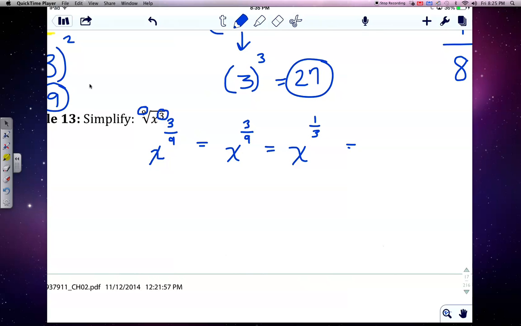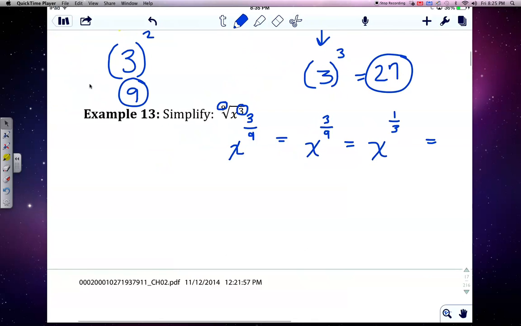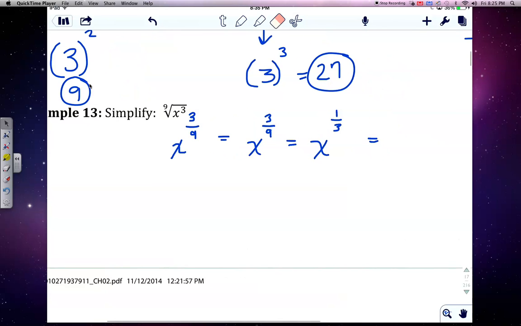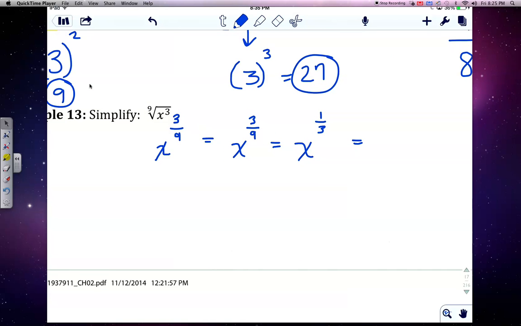And then if I want to rewrite it back into the format I had in the beginning, that would be the same thing as the cube root of x to the 1st power. And again, that 1 is not really necessary, so it would be the cube root of x. You can put the 1 there if you want to, but again, that's not necessary either. There's your answer.